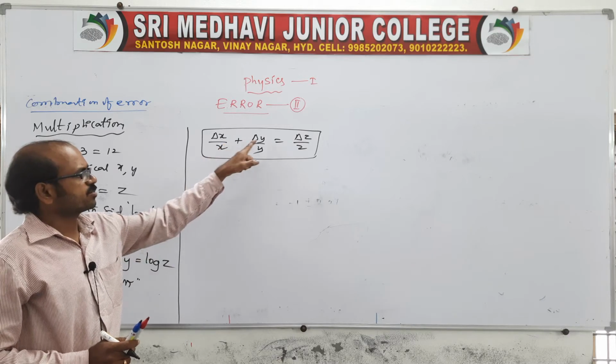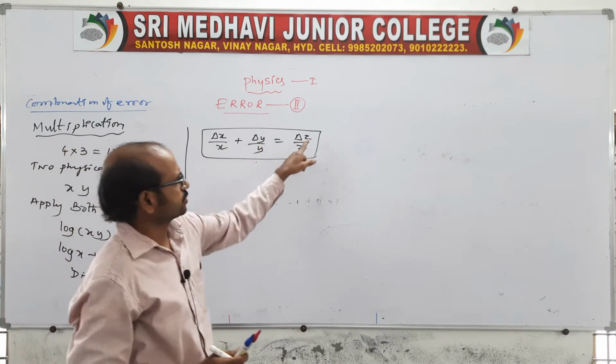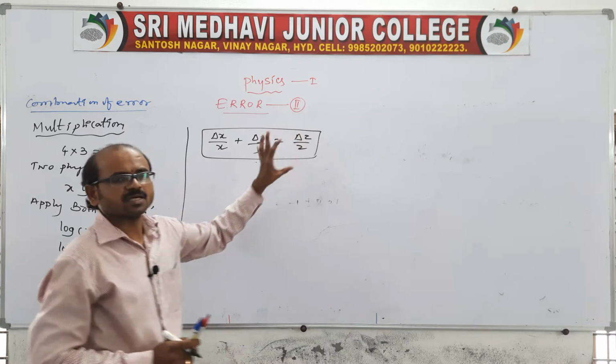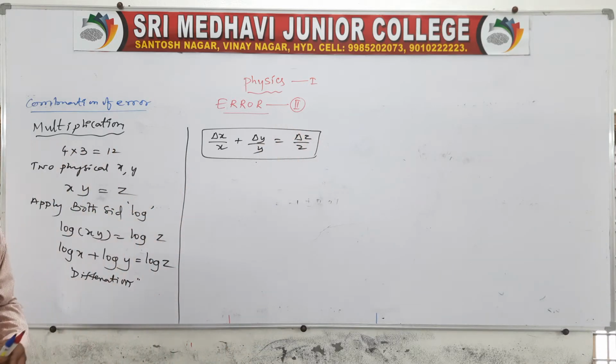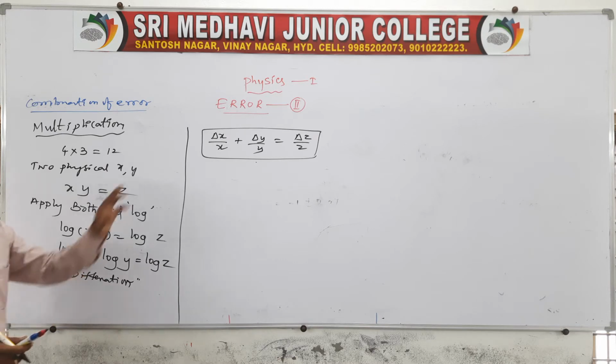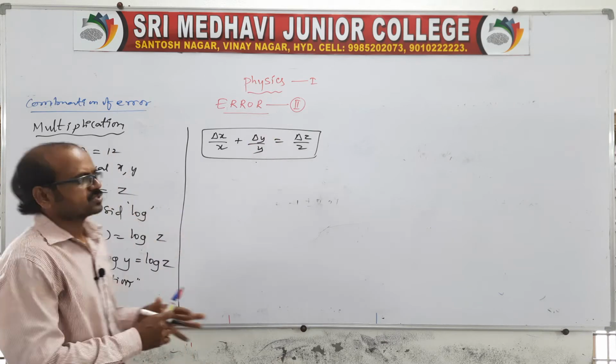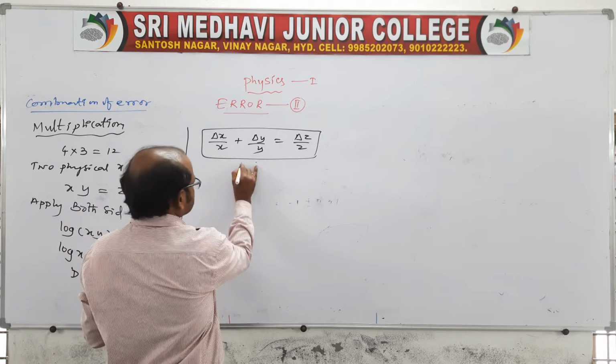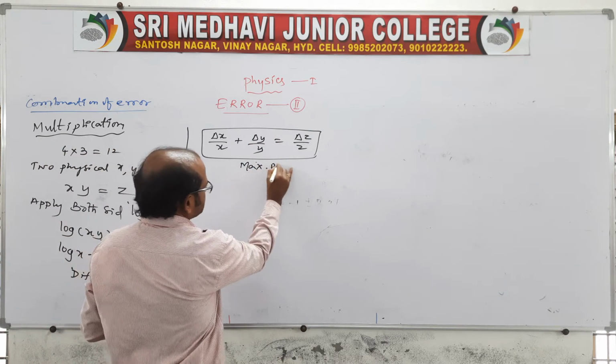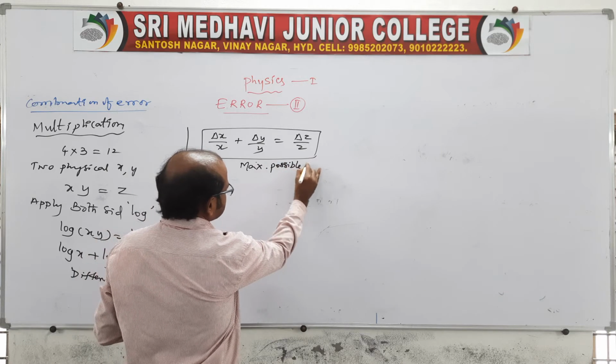Okay, this is very important. You don't cancel y, you don't cancel z, because delta z is different and z is different. Delta x is different, x is different. These two are different, and here also these two are different, and here also these two are different. So this is what we can call the maximum possible error.